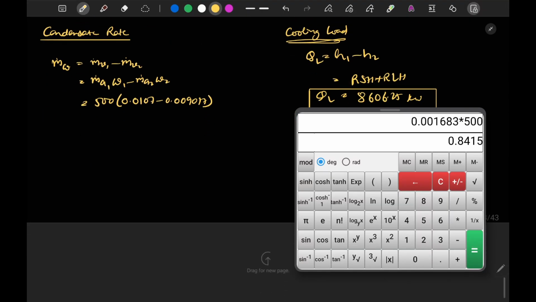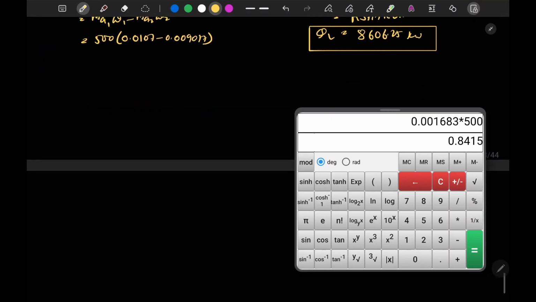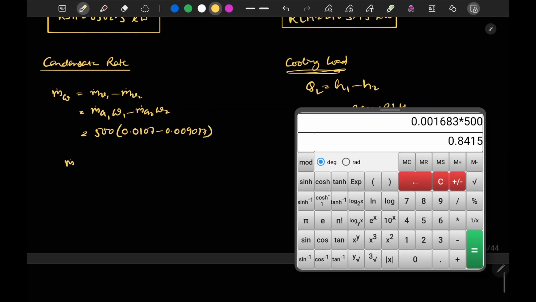So we have obtained the condensate rate, m dot water, equal to 0.8415 kg per second. This is our answer.